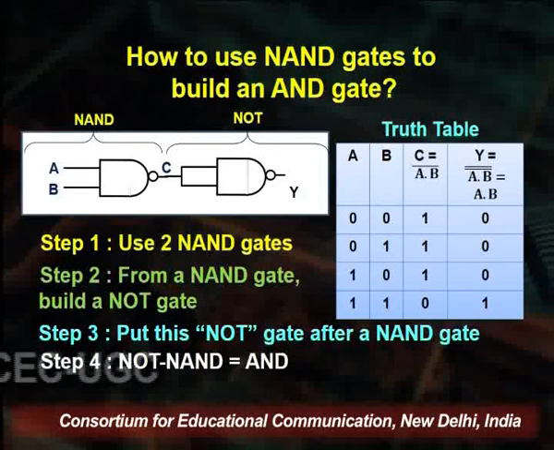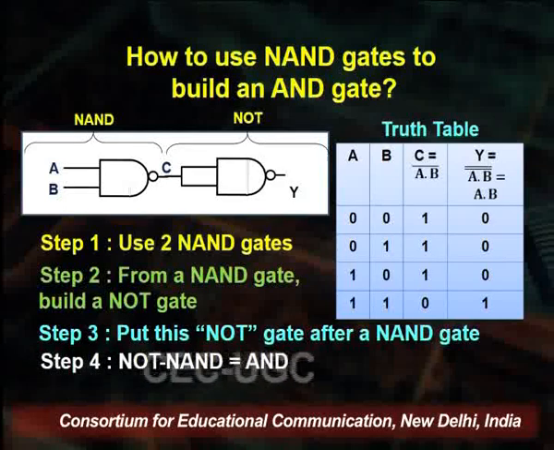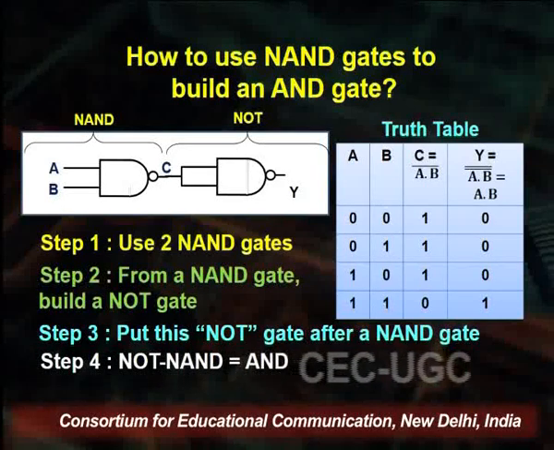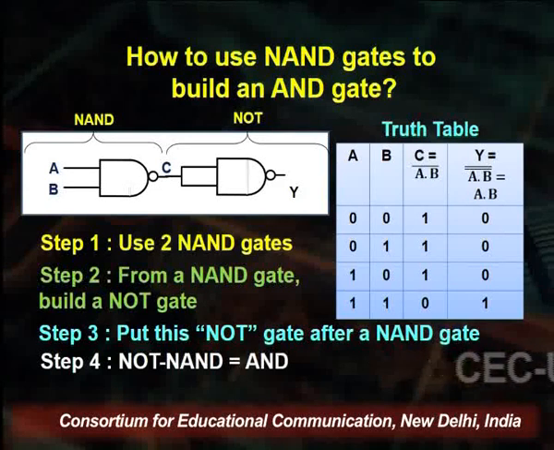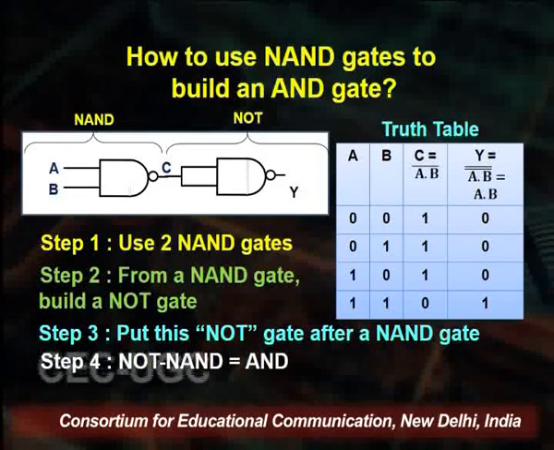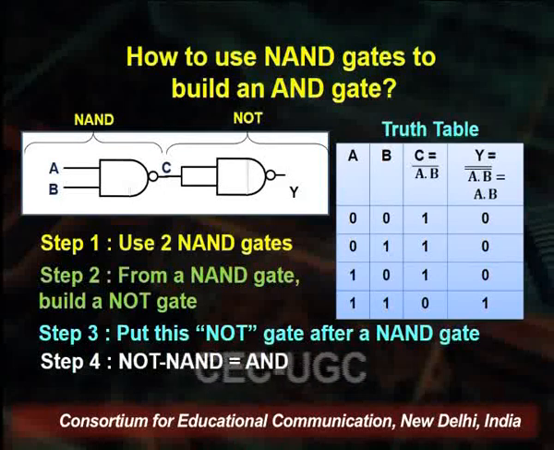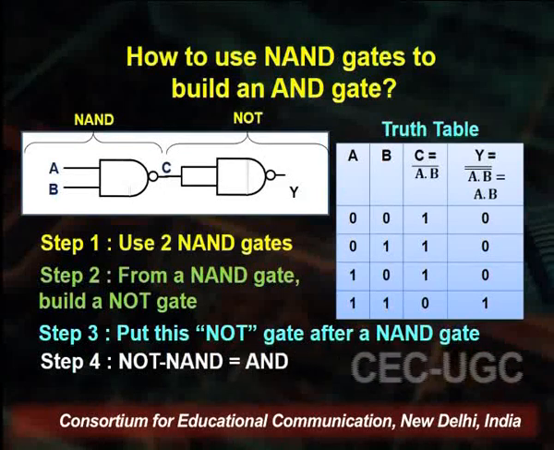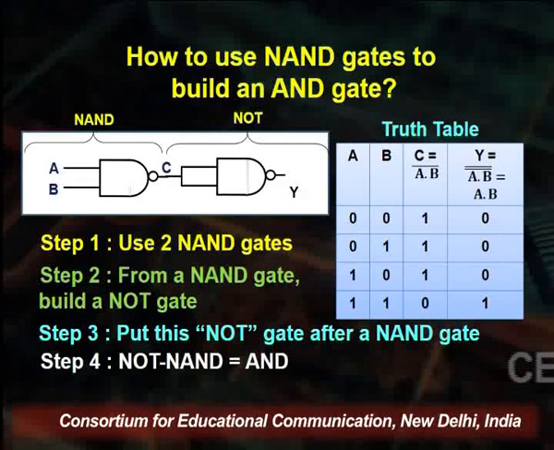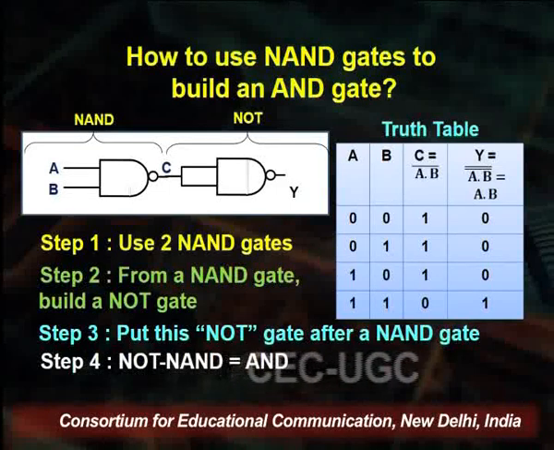However, when A equal to 1 and B equal to 1, we get the value of Y as 1. So, comparing A, B and Y, we can see that the NAND gate combination, one NAND gate and the other configured as a NOT gate, simulates the output of an AND gate.